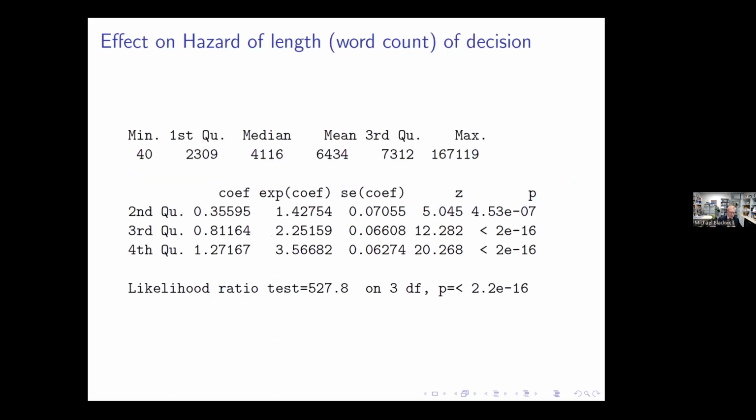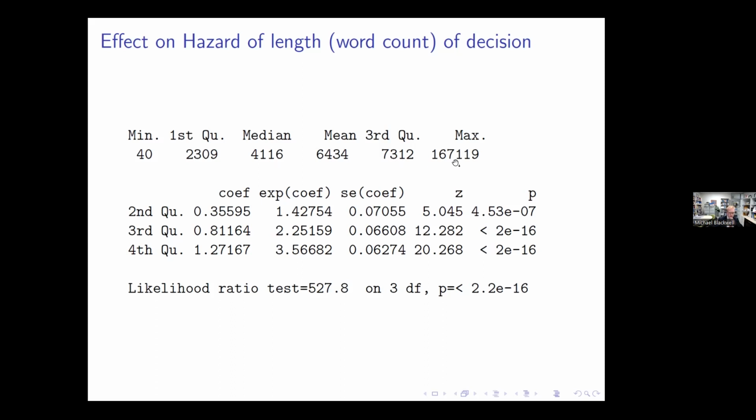Similarly, longer decisions. I've divided them into 4 quantiles for analysis. The median decision is 4,000 words in length. The lowest quarter is below 2,300 words, and the top quarter is over 7,300 words.